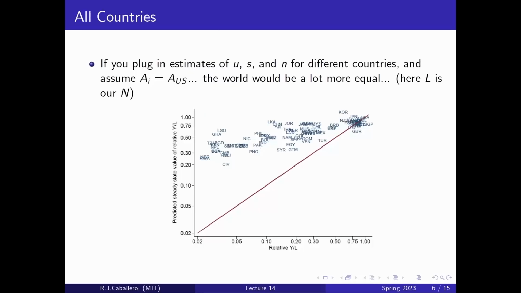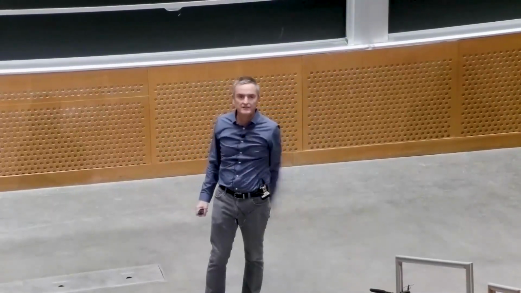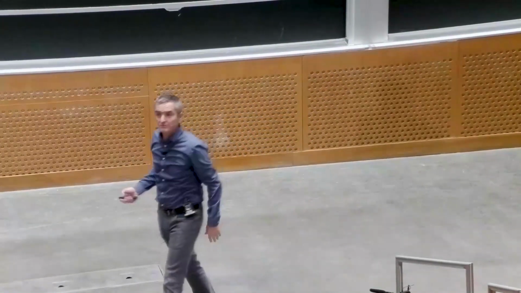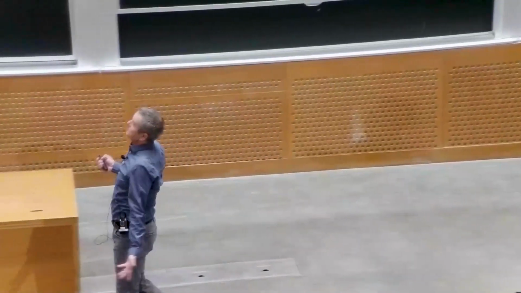So this is how much you can account for. Here you put lots of countries, Africa and so on, and if you just stick in this equation the corresponding saving rate, education levels, and so on, the world would be a lot more similar. There wouldn't be the kind of disparities we see between some African countries and Singapore, say. But the world doesn't look like that.